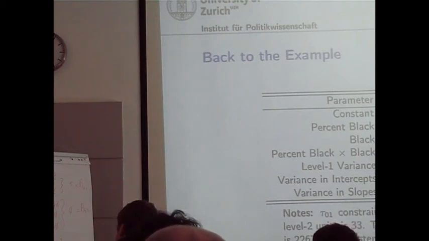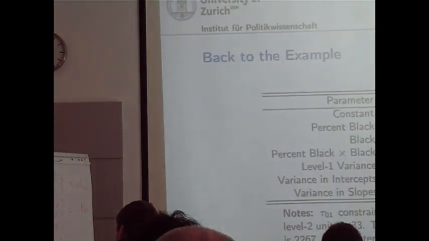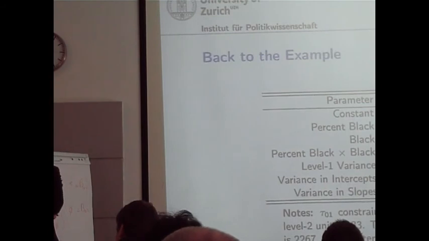And if you now interact all of that with a level 2 variable, and on top of that you also want to estimate variance and covariance components of all of that, then it gets really messy.